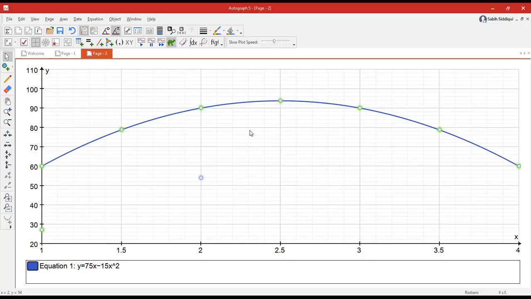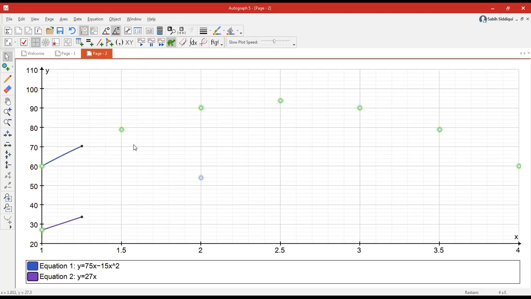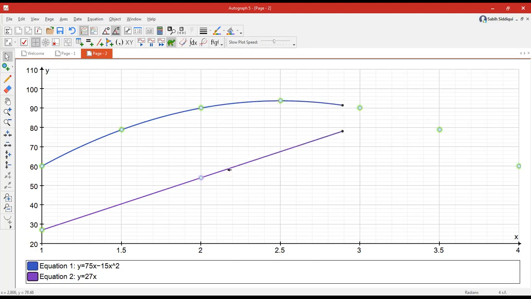Once I have these 2 points, I'll join them with a straight line, and I'll just continue that straight line on. And this is my line of y equals to 27x. The straight line is representing y equals to 27x.